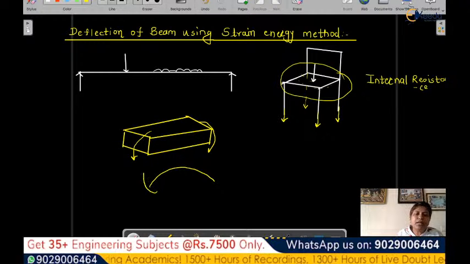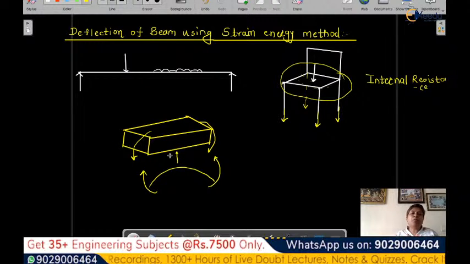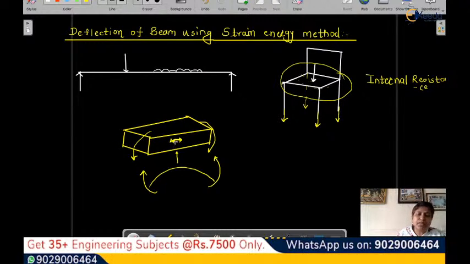Now when you release it, it will go back to its original position, right? That property is elasticity. We all know that. Definitely something happens inside the material when you are stretching it. There is a straining action inside the material.